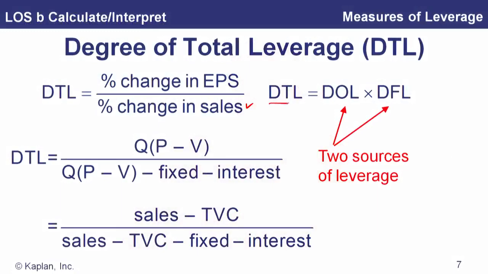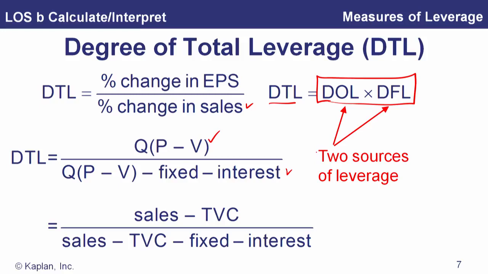So our degree of total leverage is simply the product of the degree of operating leverage and the degree of financial leverage. In our calculation, we've got the numerator that we used for DOL, and we've got the denominator that we used for DFL. And that's all there is to it.